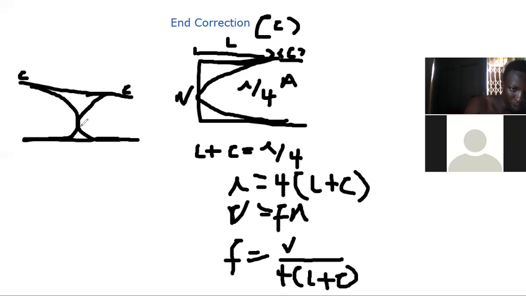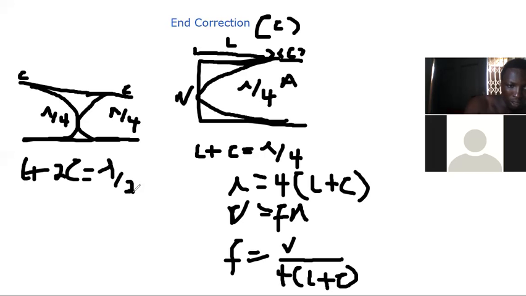When we consider the L, from here to here, L plus 2C will be equal to lambda all over 4, which is equal to lambda all over 2.